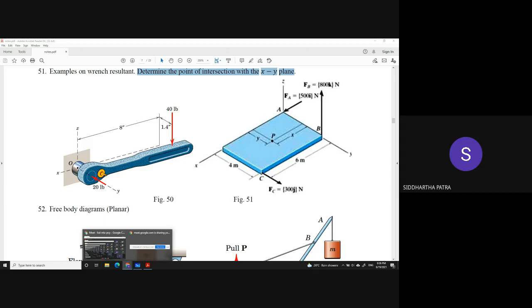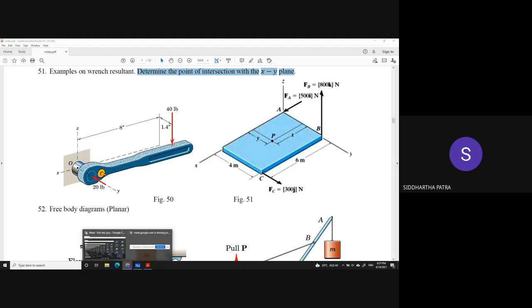In fact, you can actually use the point P to directly get the resultant force system. You can directly get the resultant force system about point P. But you do not know the coordinates of P, x and y. So how do you get the position vectors of A, B and C? What you do is you can let them be unknowns, and later be solved when you get the expression for the resultant moment.